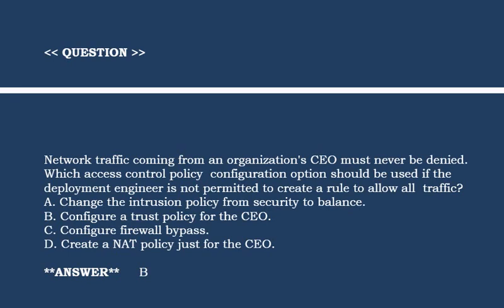Option A, change the intrusion policy from security to balance. Option B, configure a trust policy for the CEO. Option C, configure firewall bypass. Option D, create a NAT policy just for the CEO. Correct answer is option B.